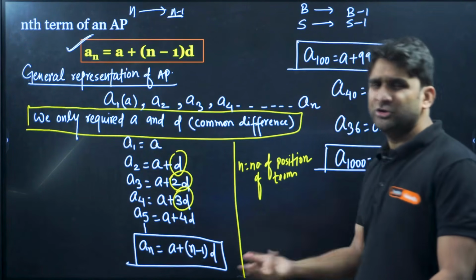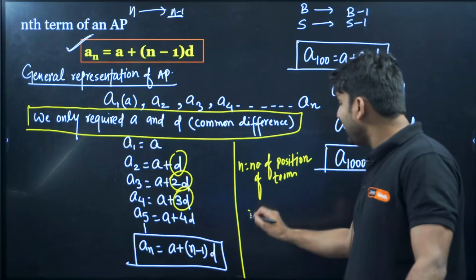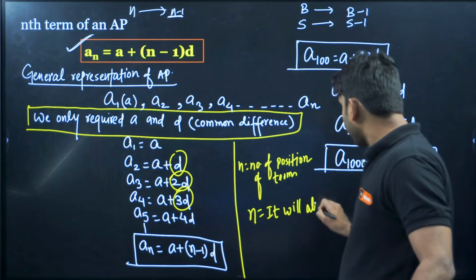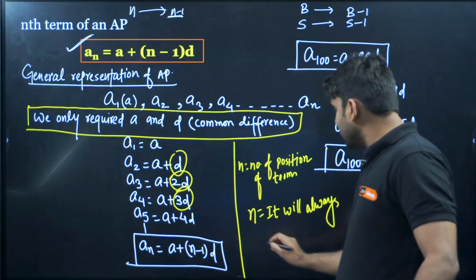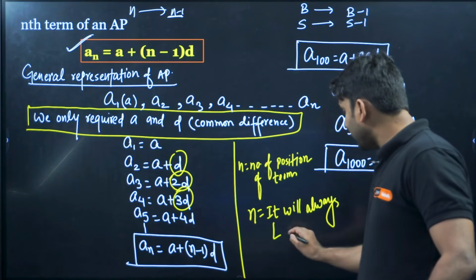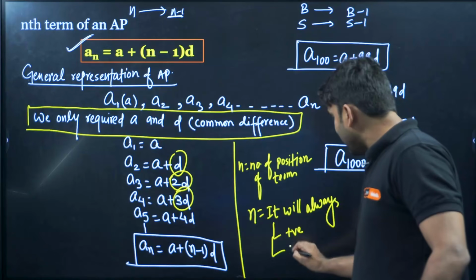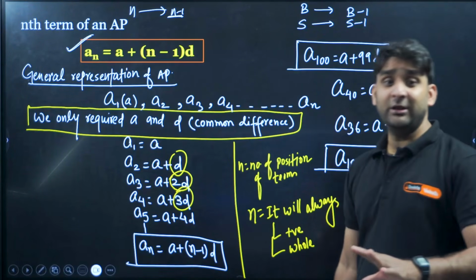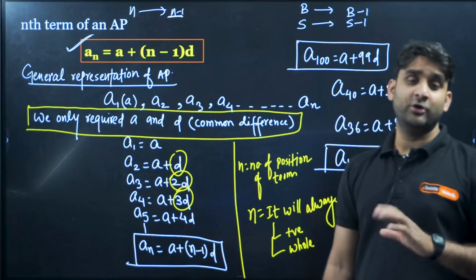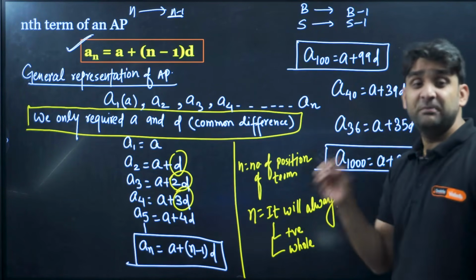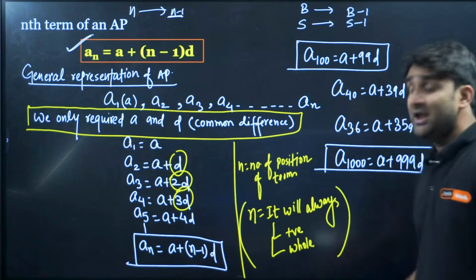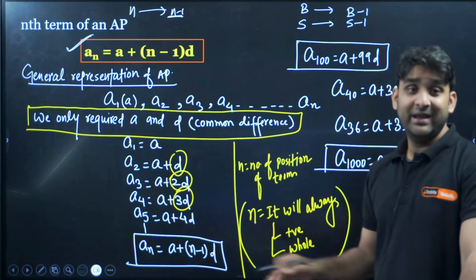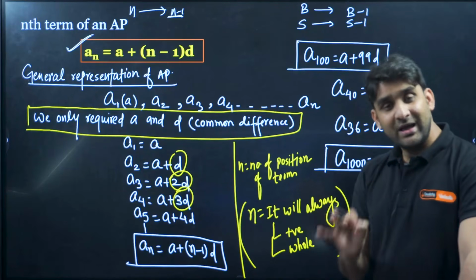So n will always be a positive and whole number. n can't be negative or in fraction or in decimal. Please note it down. n will always be positive and whole. This is really very important. n can't be negative as well as fraction.